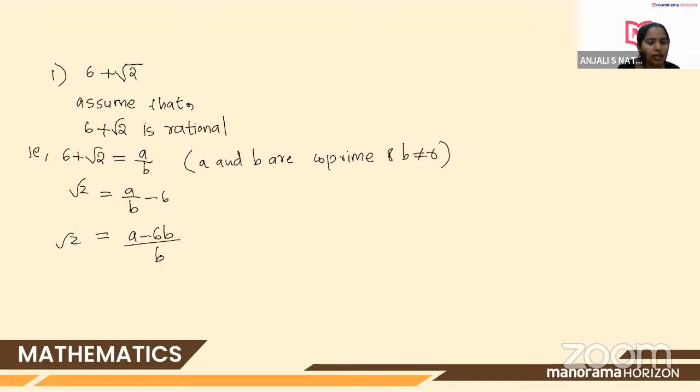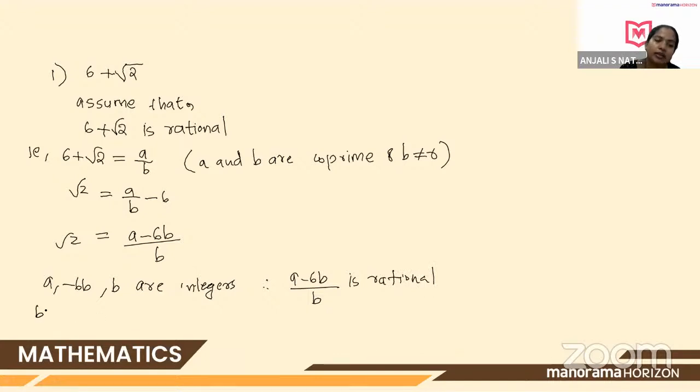So look at the RHS, which is a minus 6b and b. These are integers, and therefore (a minus 6b) by b is a rational number.